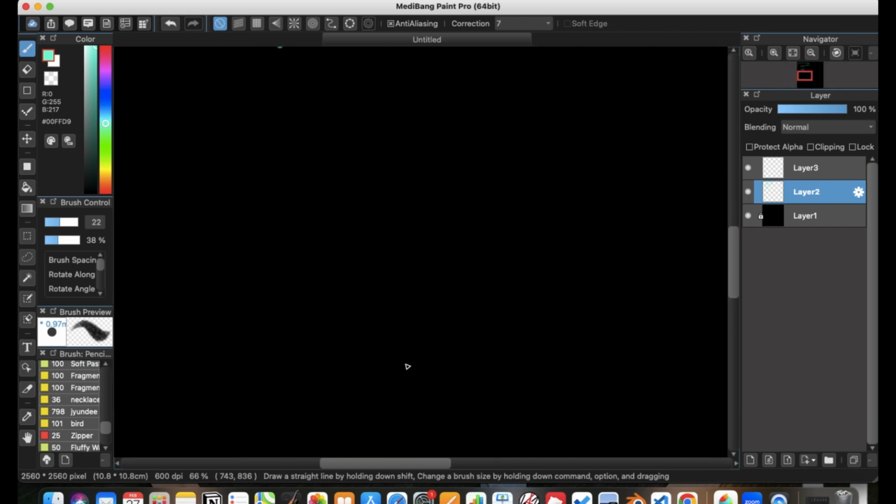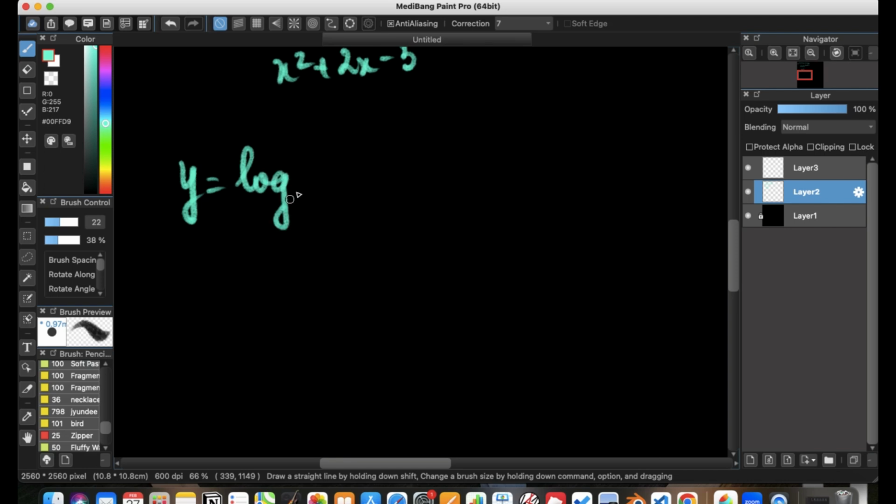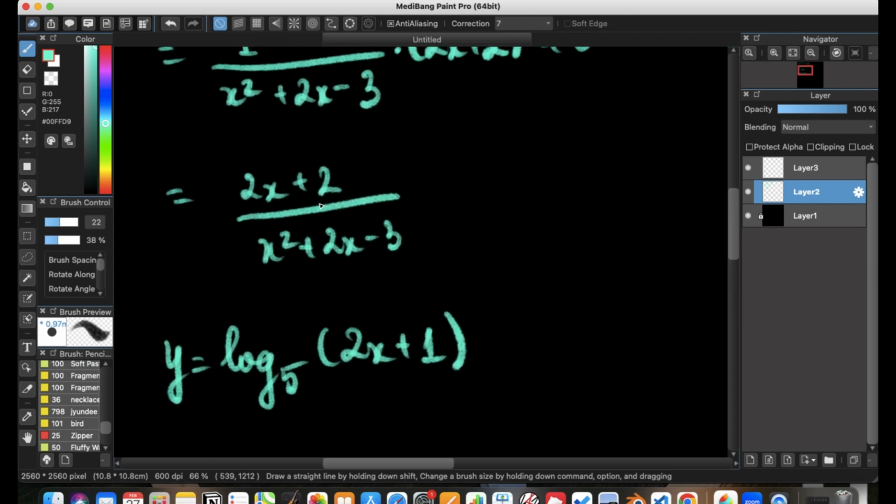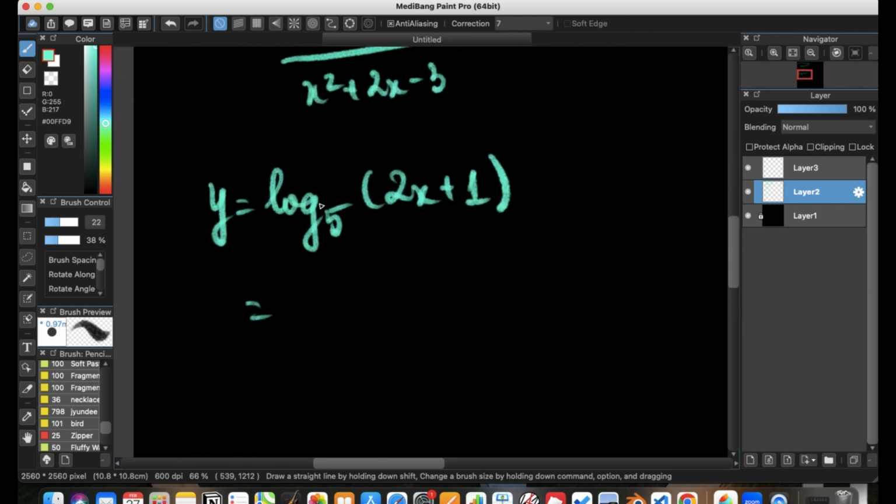Okay, let's see another example. So here we have y equals log base 5 of 2x plus 1. Here we're going to do pretty much the same thing. We're going to write a fraction first.